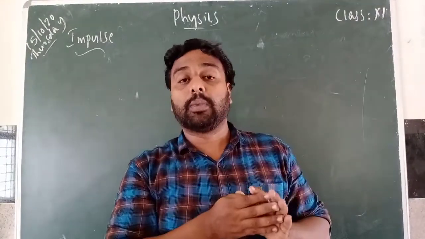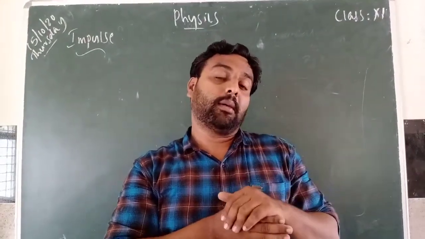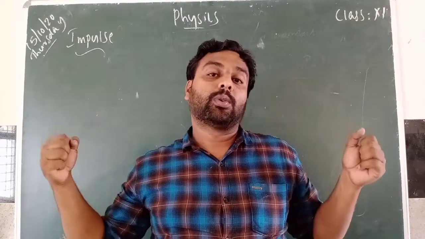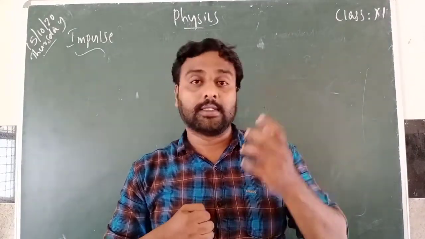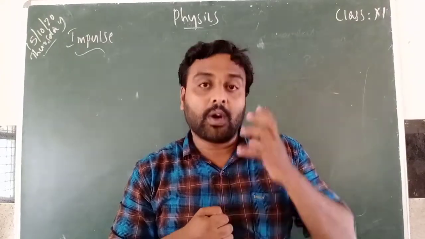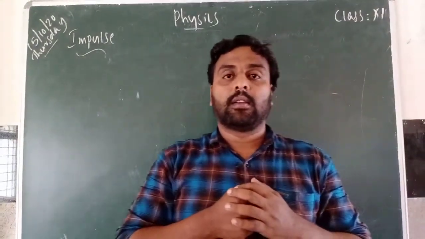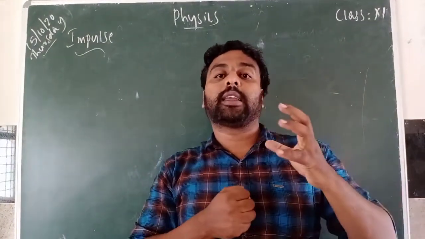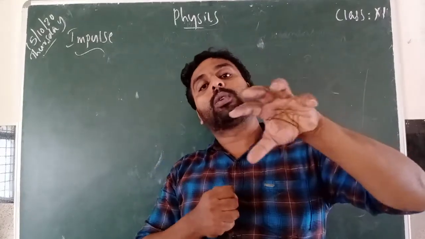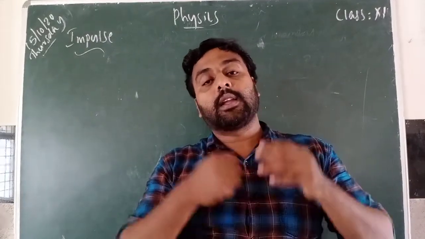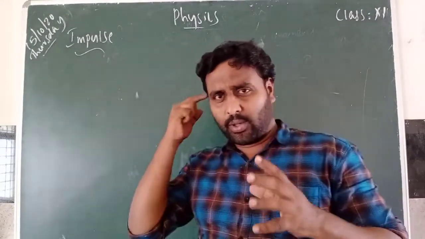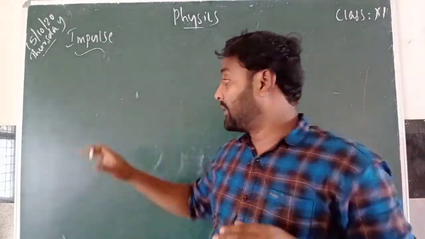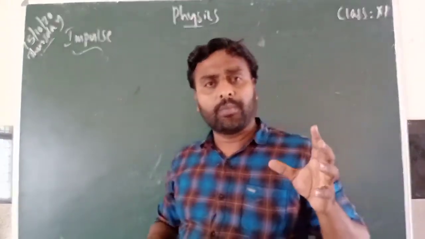The front side of the big vehicle is getting damaged due to this bike accident. Why is this happening? A force is acting there, and that force we call impulsive force. I will show you an example with a calculation.